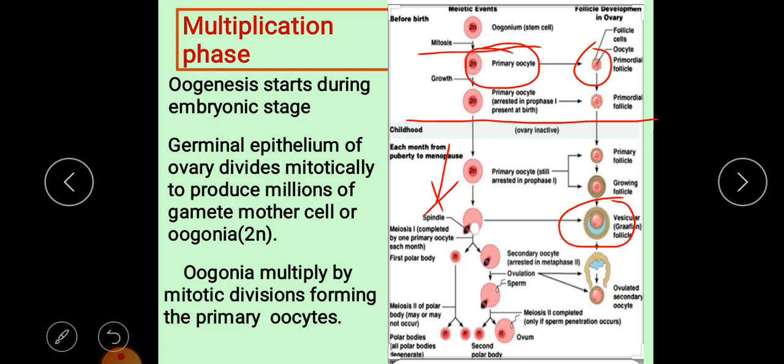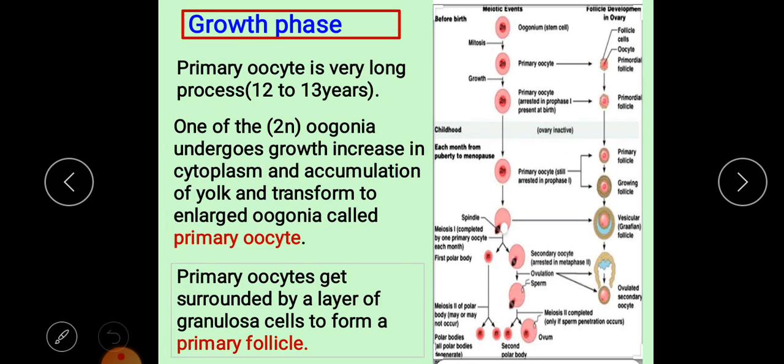From multiplication it slowly reaches the growth phase. As already observed, in the growth phase there is growth with an increase in the cytoplasm, and some yolk is transferred to the enlarged oogonia, that is, the primary oocyte.